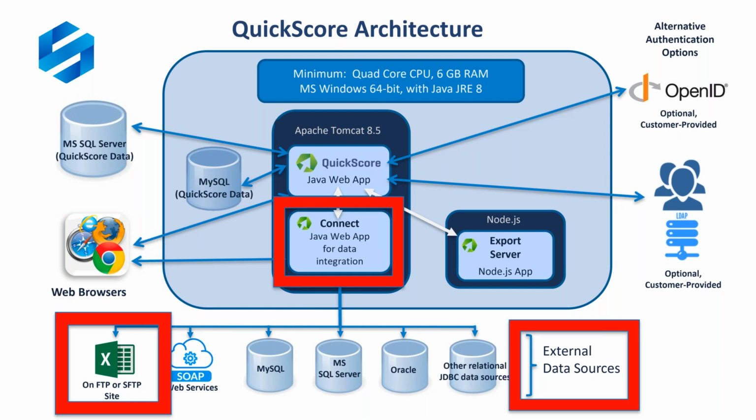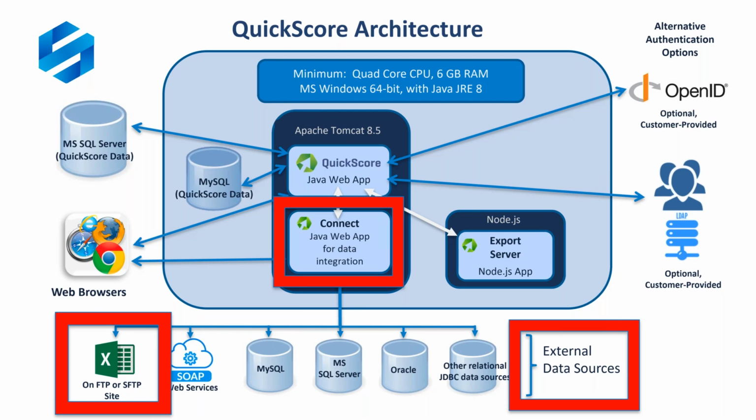Last month, in our August training webinar, we covered Connect basics. I like to refer to it as a Connect 101 class or course. In that webinar, we covered employing Excel or CSV files as external data sources that we use to either create scorecards within QuickScore or to update scorecards in QuickScore.